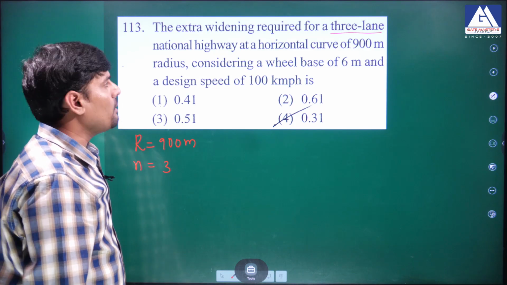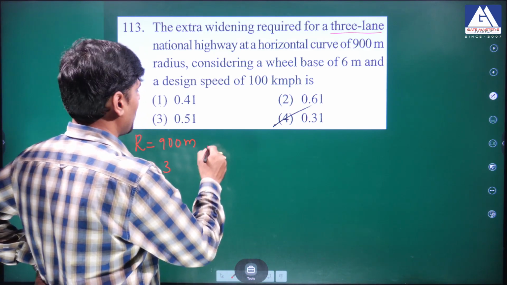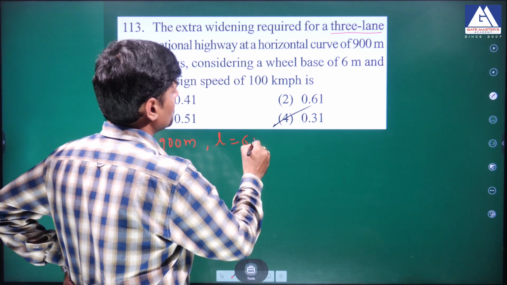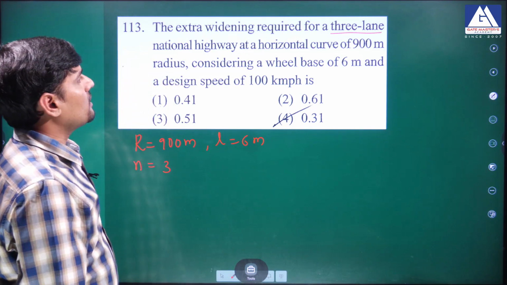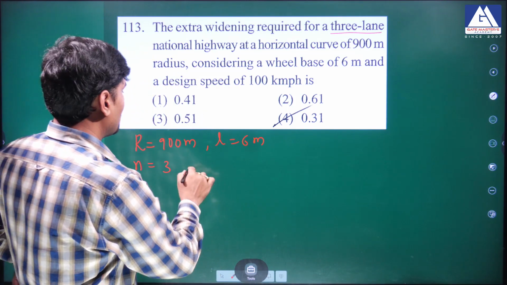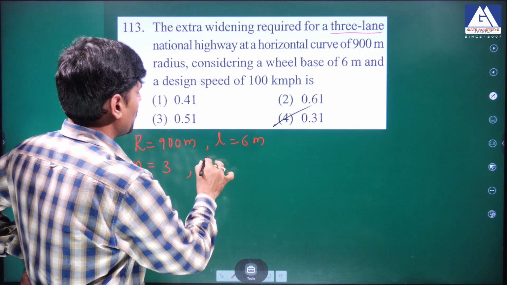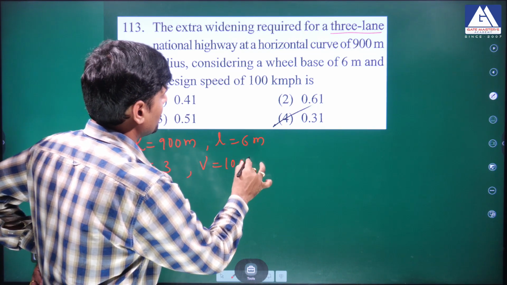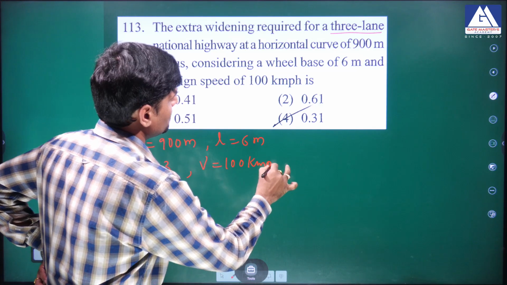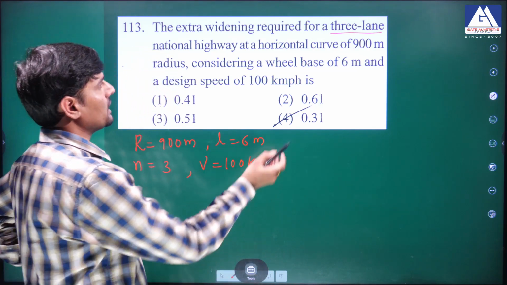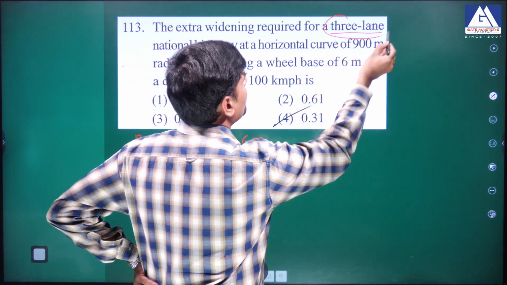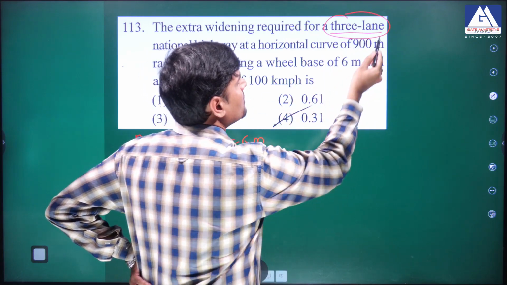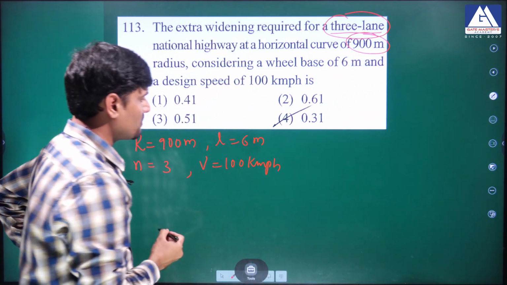Considering a wheelbase of 6 meters, that means small l is 6 meters, and a design speed of 100 kmph, that means V is 100 kmph. But the first and foremost thing we have to look at is that it is a 3-lane highway and a 900 meter curve radius.